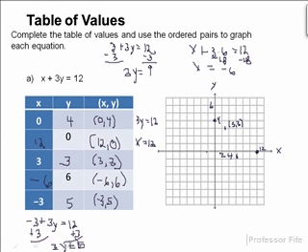And -3, 5. So -2, -3 is right here. Whoops, that shouldn't be a point. And then 5. 1, 2, 3, 4, 5.